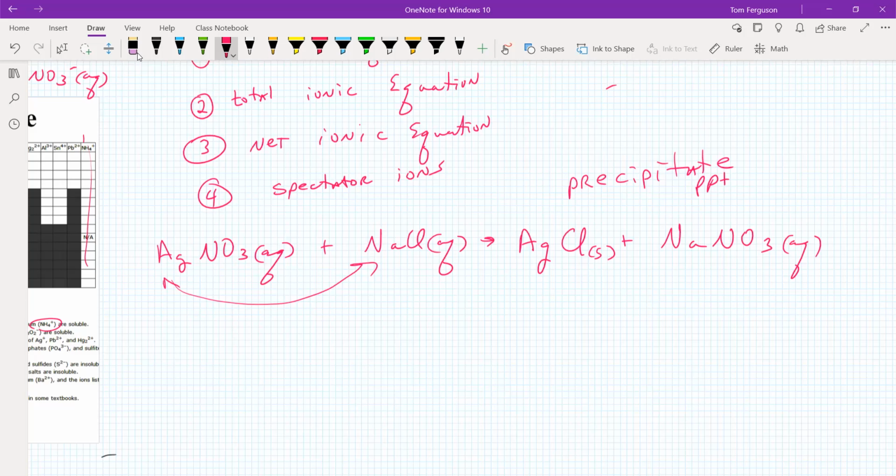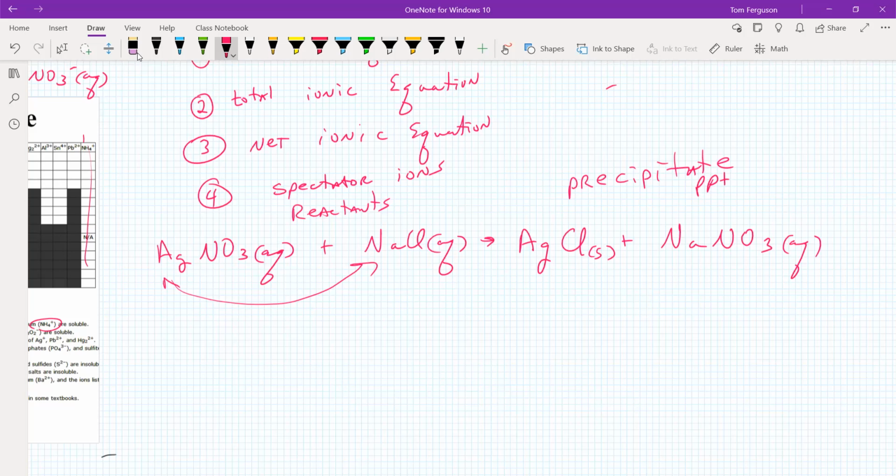So you start with reactants. If the reactants are both solutions of ions, it becomes a double replacement reaction. If one of them is a metal, it's a single replacement reaction. So no metals involved, double replacement. Metals involved, single replacement.